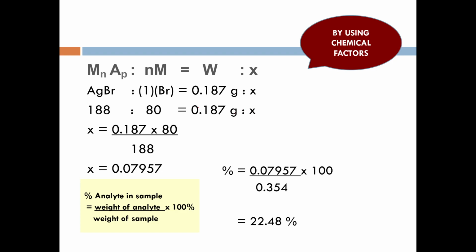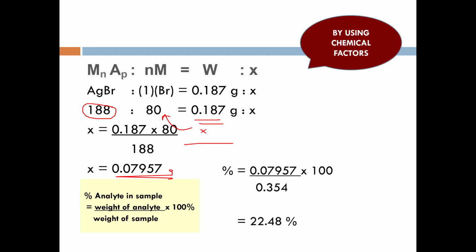The value of x is 0.187 multiplied by the value for the mass of precipitate, 18, and divided by the molecular weight, 188. So you get 0.07957.